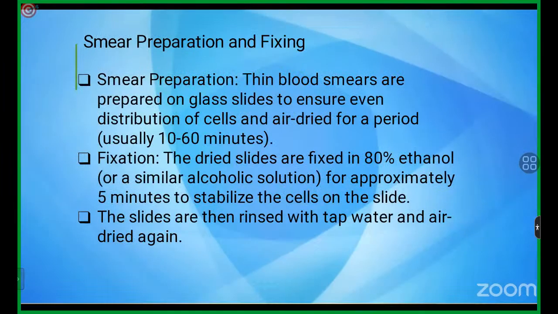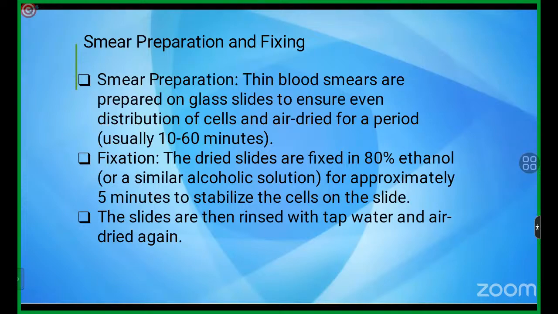Then after this collection, we prepare the smear. Thin films are prepared on glass slides, ensuring even distribution of cells, and this should be air dried for usually 10 to 60 minutes. After air drying, we have to fix.